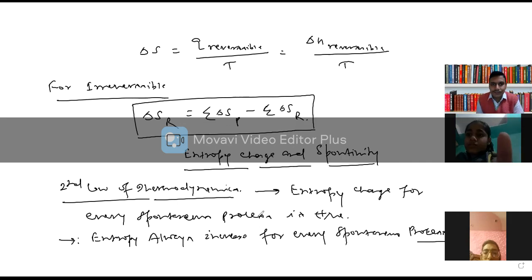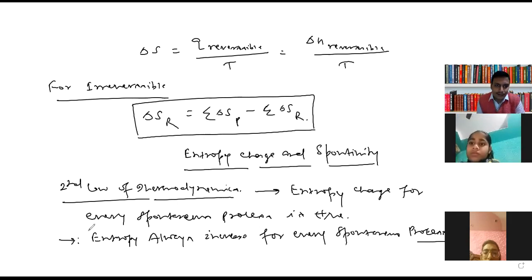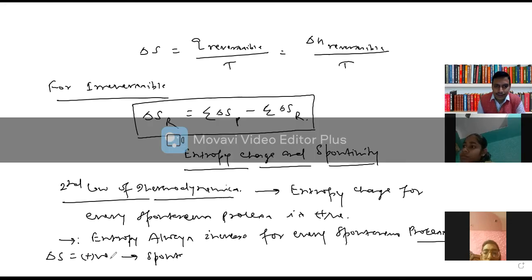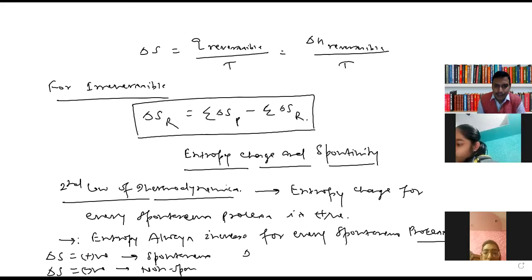That means what? हमें ये समझ आया कि if delta S is positive, then the process is spontaneous. And delta S is negative, then process is non-spontaneous. And if delta S is 0, then that process is at equilibrium.